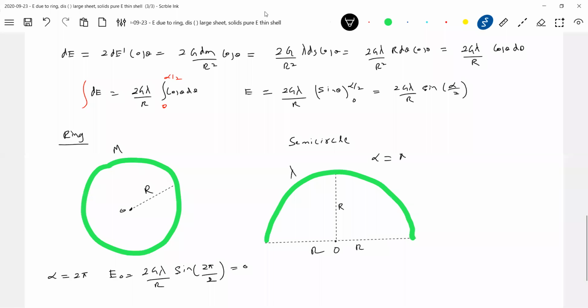In this case, alpha will be pi. Pi radians it will subtend. Alpha will become pi. So substitute this in the formula. It is just 2g lambda by r.